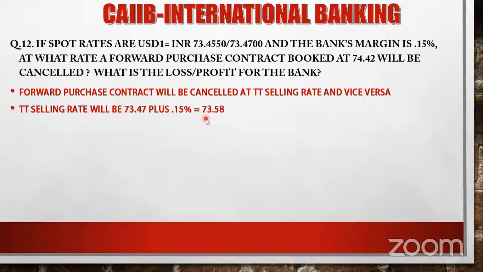Why is it plus 0.15? Selling means always selling. Correct. He is asking why plus? Because for a selling rate, the bank margin is always added. For a buying rate, that's a fundamental concept. As a banker, you are the smartest person. Now you have to remember the oldest rule. What is the oldest rule? When you are applying selling rates, the bank margin will always be added.